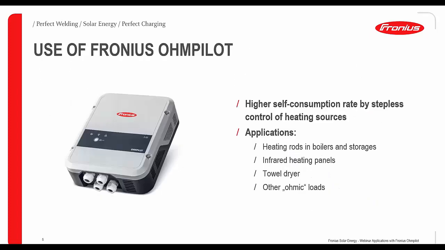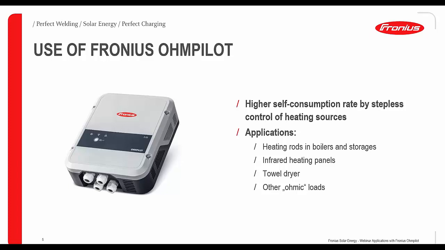Okay, so the Fronius Ohmpilot. This product is basically for a higher self-consumption rate, and it's doing it by a stepless control of heating sources. So this product is communicating with the Fronius inverter.